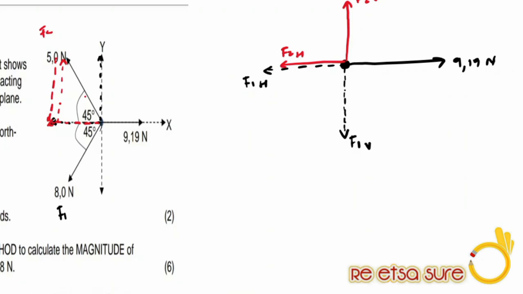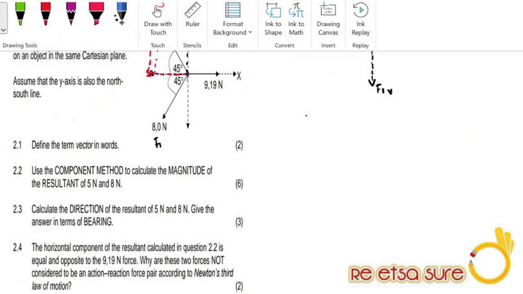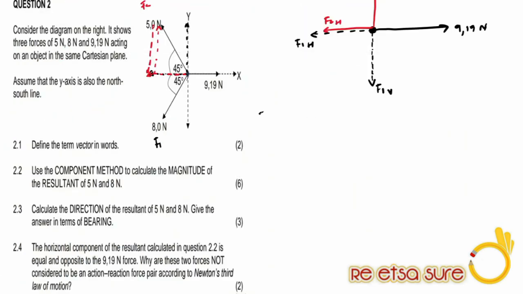Okay, so now let me start. 2.1 for 2 marks. Define the term vector. Define vector.